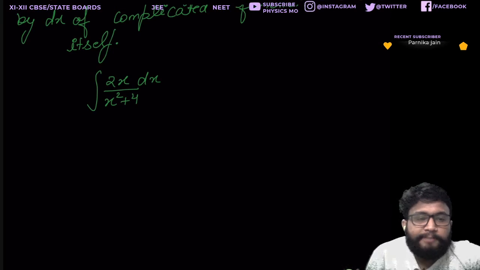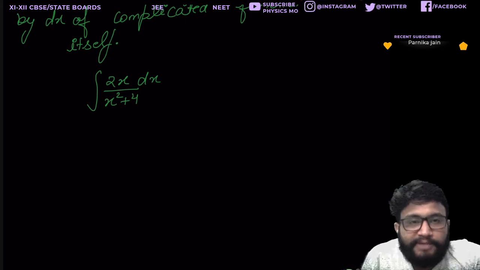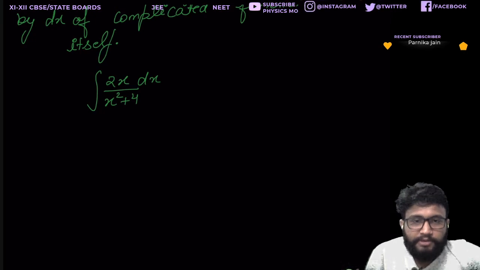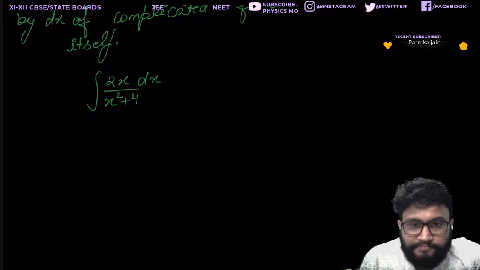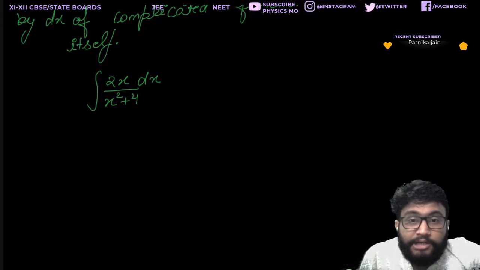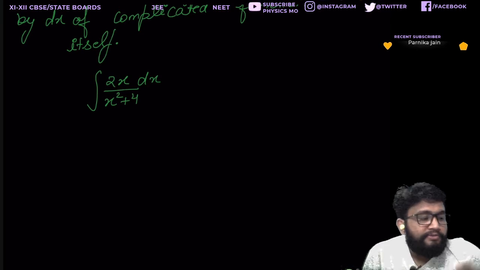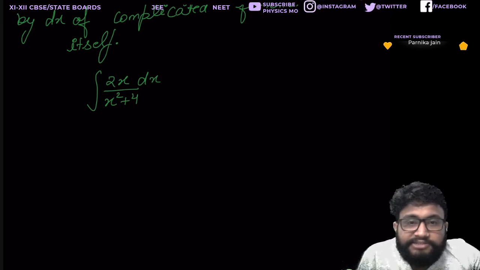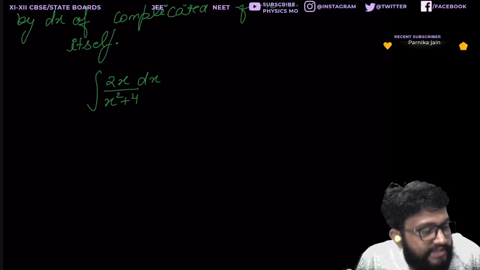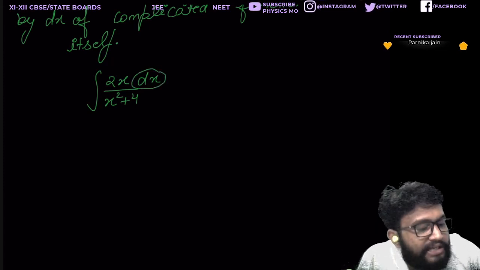So the first step is skipped. For the second step, it is also not a linear replacement, so the second step will not work either. For the third one, it is not a trigonometric function, so that won't work either. For the fourth one, you have to find a function whose differentiation is written multiplied with this dx.